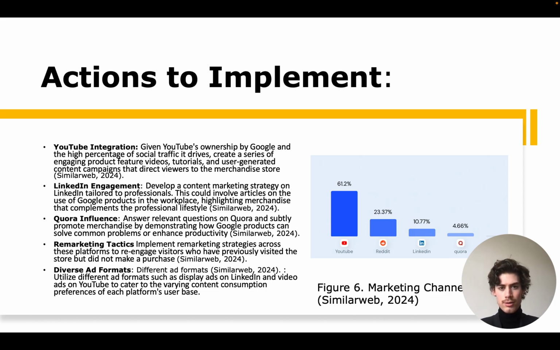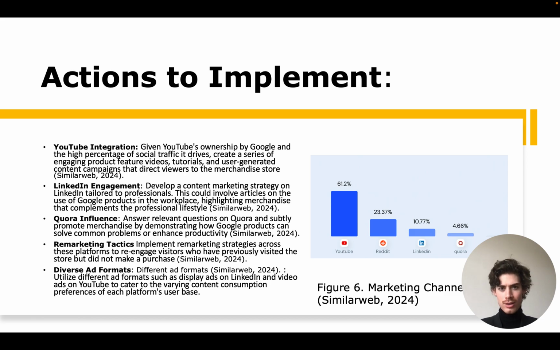Thirdly, Quora influence. Answer relevant questions on Quora and subtly promote merchandise by demonstrating how Google products can solve common problems or enhance productivity. Sponsor answers related to tech and Google products to gain higher visibility. Fourth, remarketing tactics.